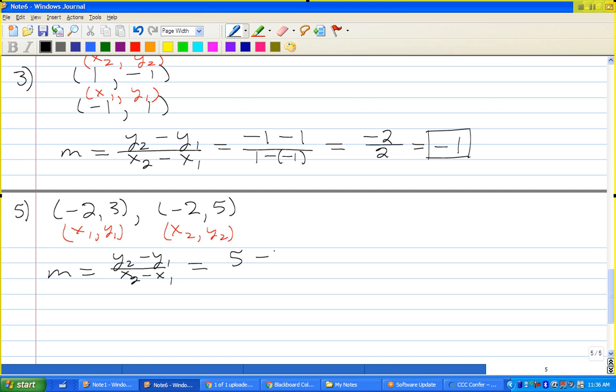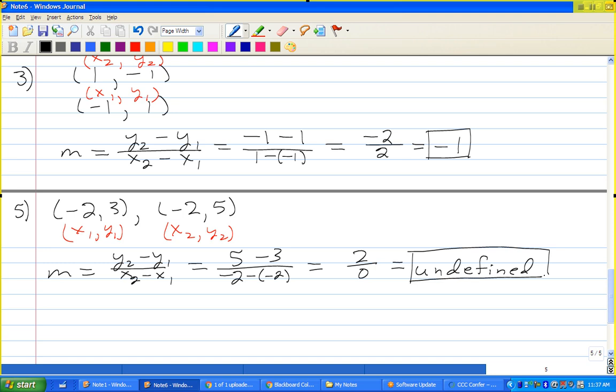So 5 minus 3 over negative 2 minus a negative 2 gives me 2 over negative 2 plus 2, which is 0. 2 divided by 0 is undefined. So this is the case of a vertical line.